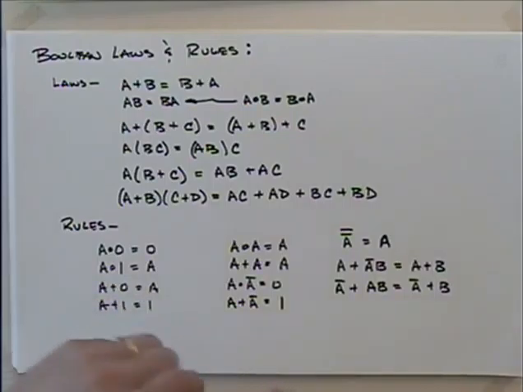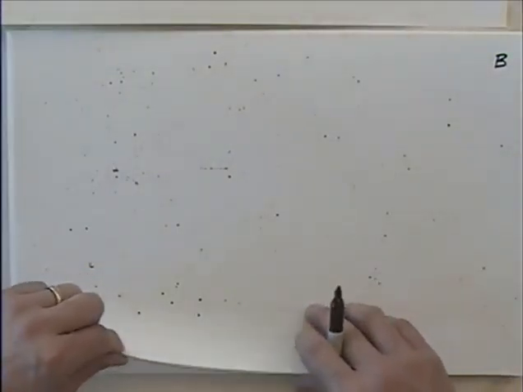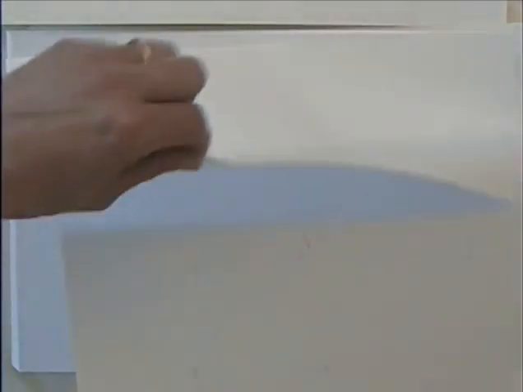I'll pull this back in once in a while, but let me move to another page and put up a problem then. Let's say that we want to reduce this minterm expression. So I'll start with this.